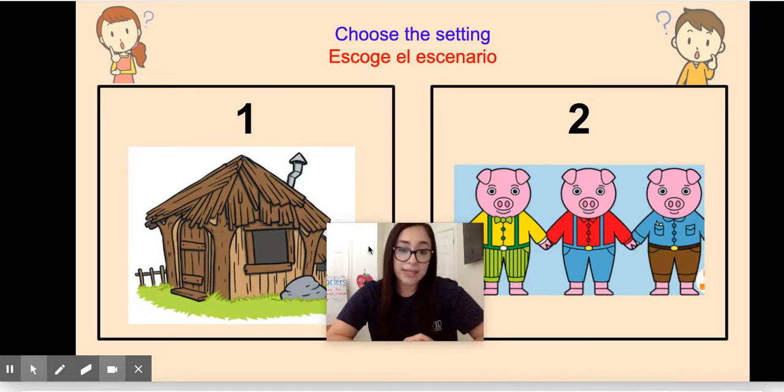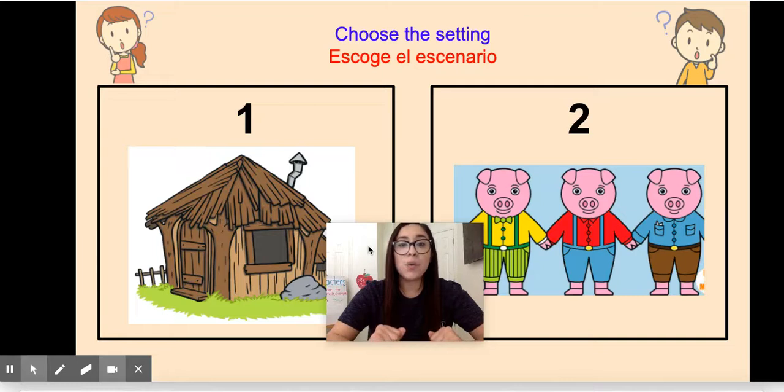And I see grass, so I know it's outside. Picture number two, I see three little pigs. So now, which one do you think is the setting? Which one looks like a setting? Picture number one or picture number two?